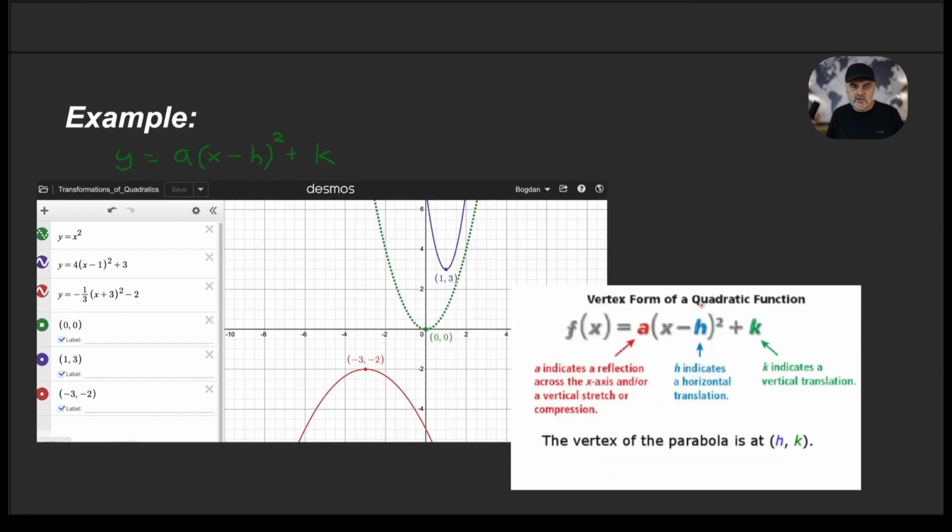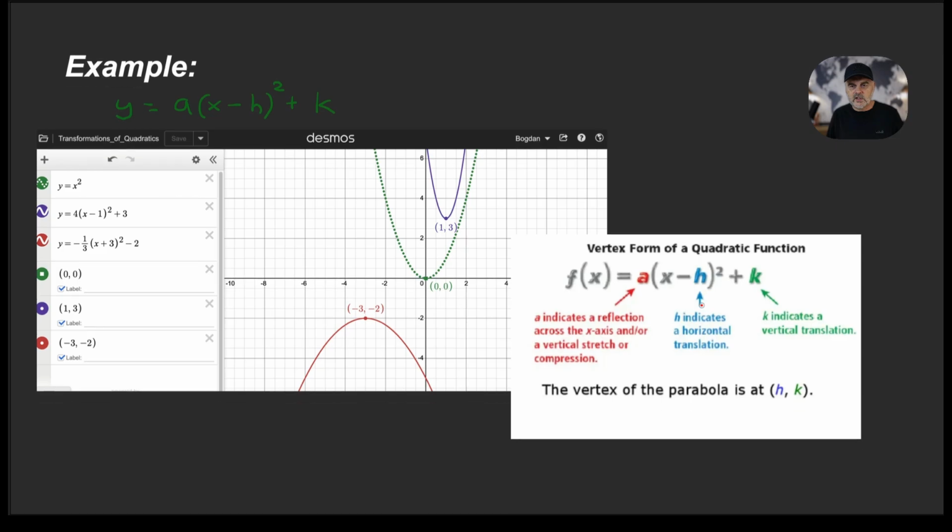Now we do go over some examples where we have complex transformation. So we have the effect of a, the effect of coefficients h and k put together. So parent function y is equal to x squared.